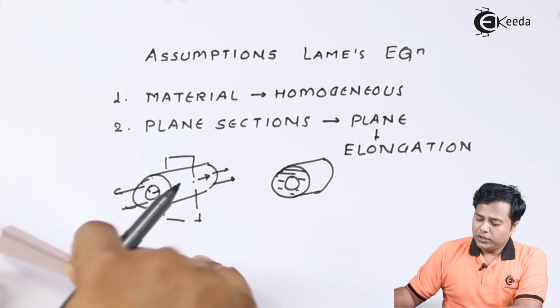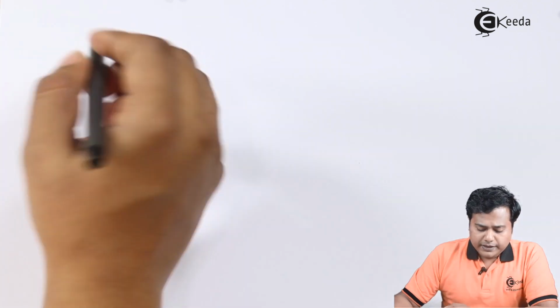Let me move on to the third assumption. It says that since the planes remain planes even after the section, we know that the strain that gets generated is uniform. So with this assumption, there comes an important equation which we are going to write now.